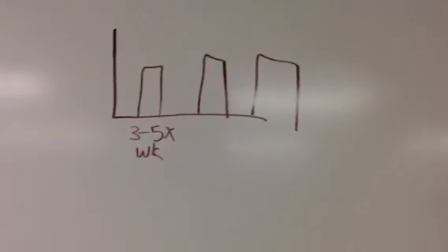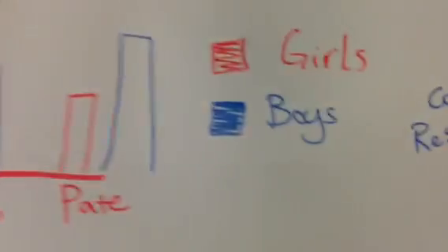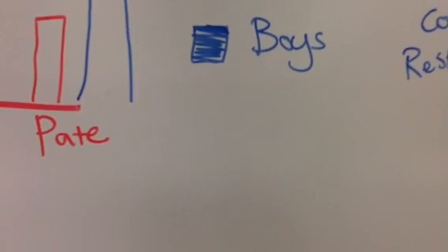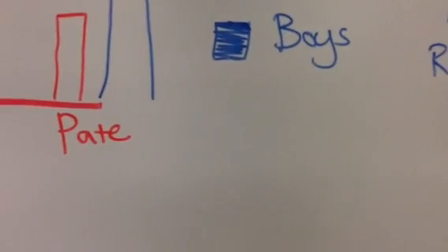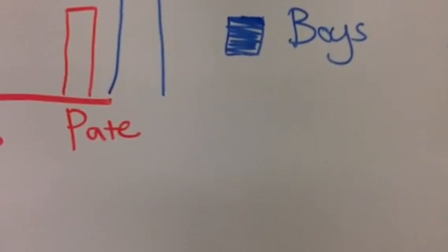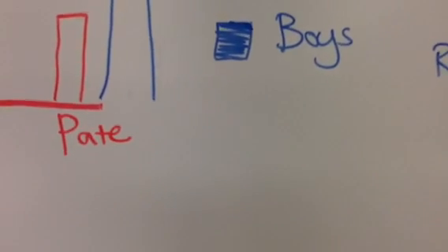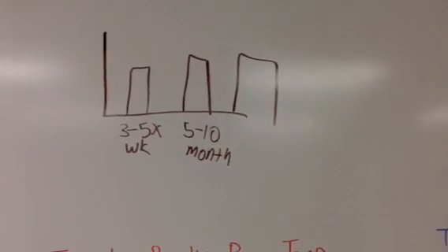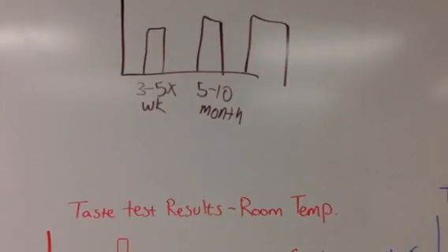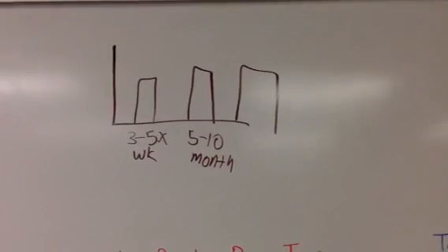Then my second bar could be like, I don't know, 5 to 10 a month. Okay, it'll be something like that, 5 to 10 a month, or whatever works best for you. Okay, so there you go. That's what I'm looking for.